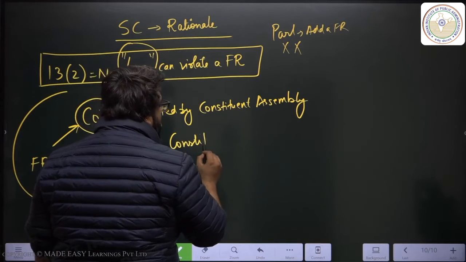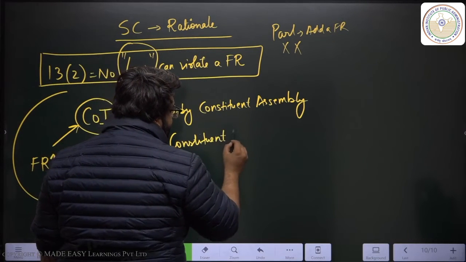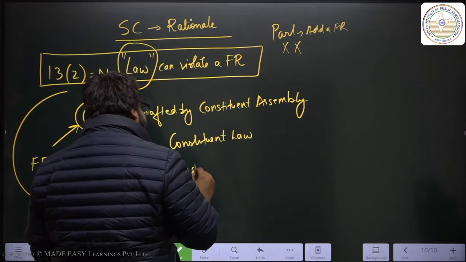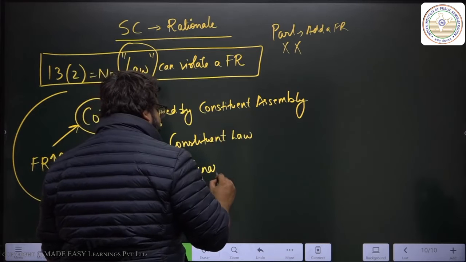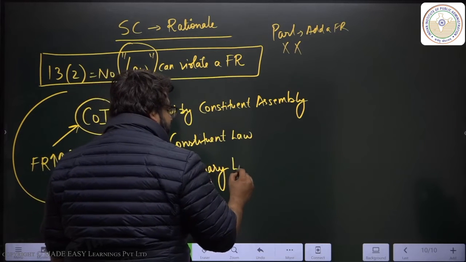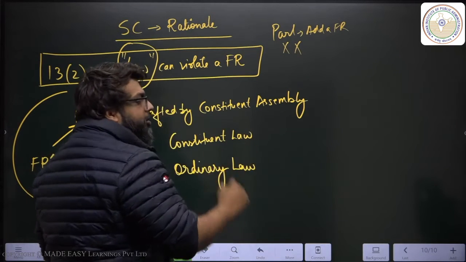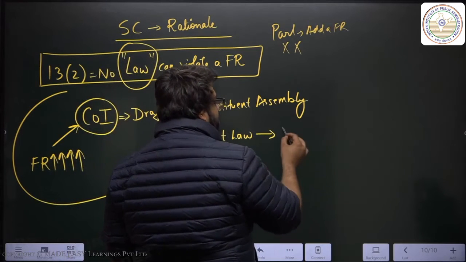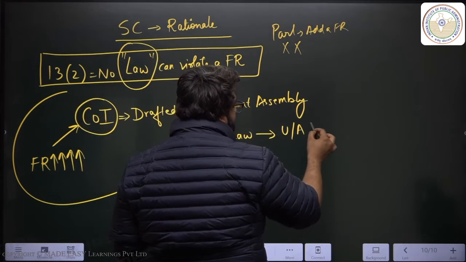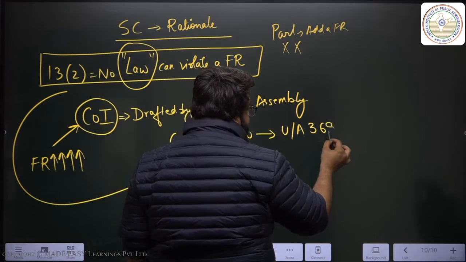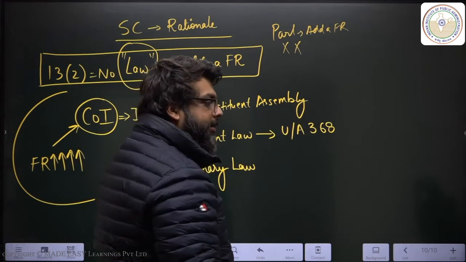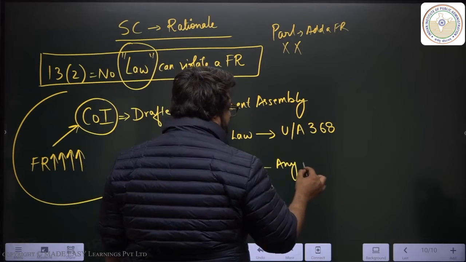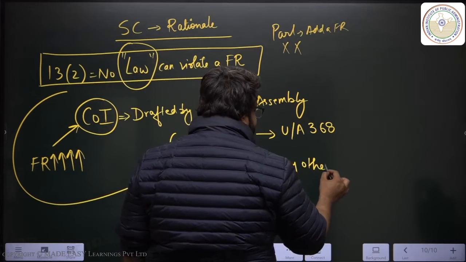Constituent lawmaking power and ordinary lawmaking power. A constituent law is any law which is changing the constitution under Article 368. An ordinary law is any other lawmaking power.